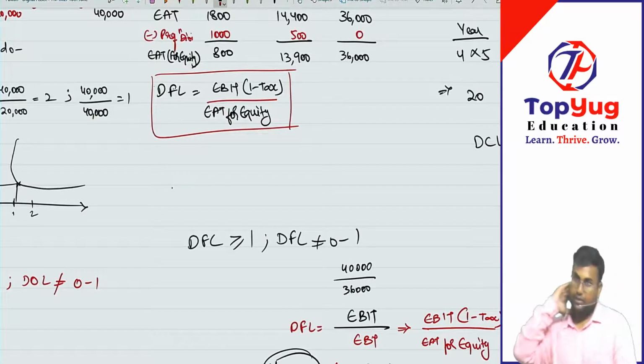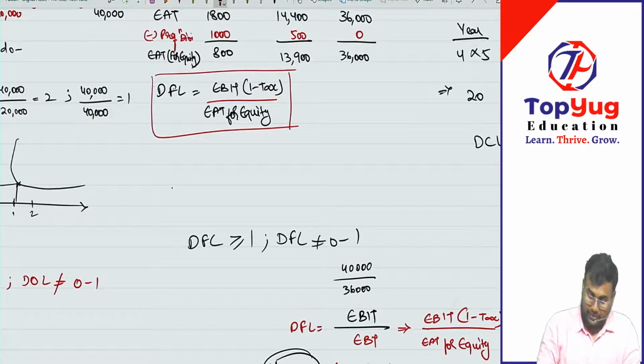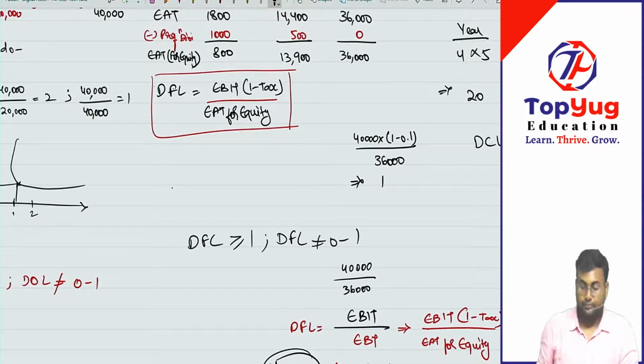Done. Yes guys, are we all good here? So calculate for the first year. Year 3, I will just rewrite year 3. That would be 40,000 into 1 minus 0.1 divided by 36,000. So that would be 1.